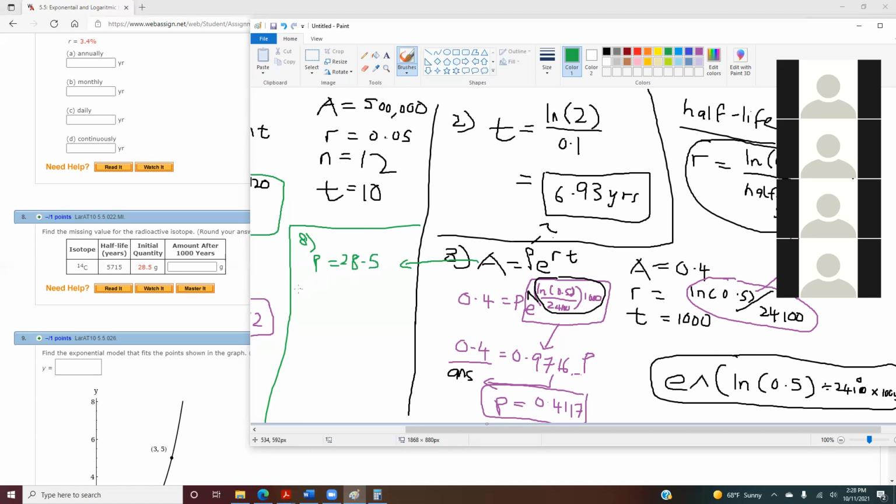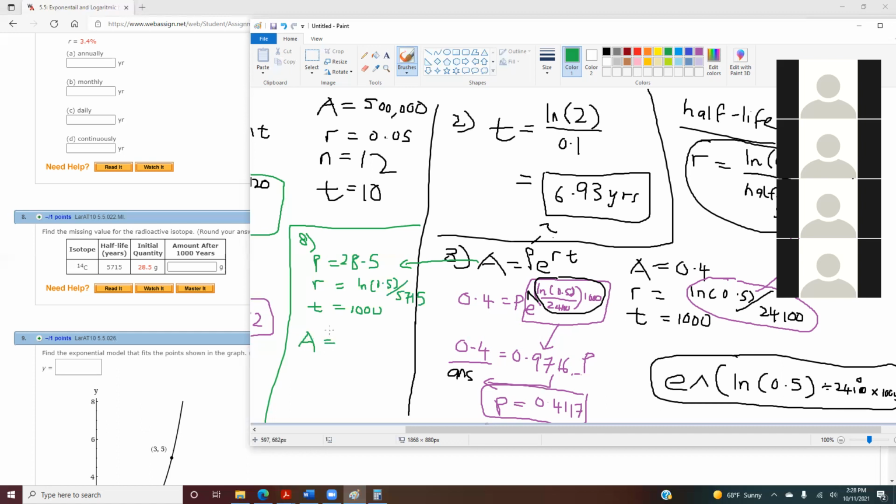And what is your R in this case? ln 0.5 divided by 5,715. Yep. And your time? 1,000. So this question is asking for what?